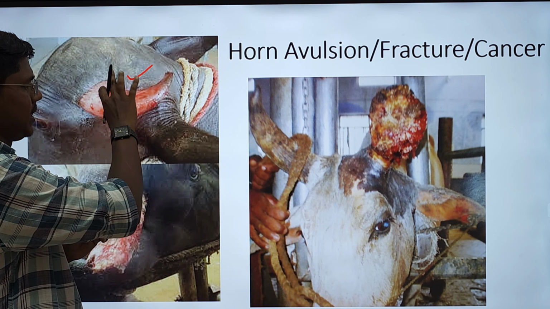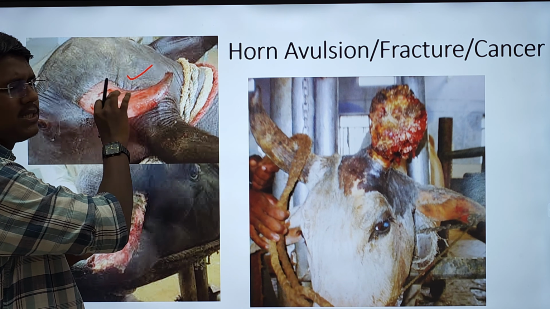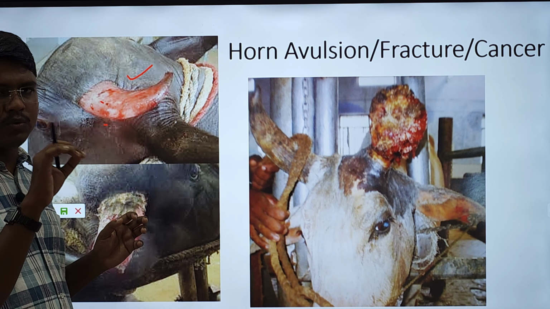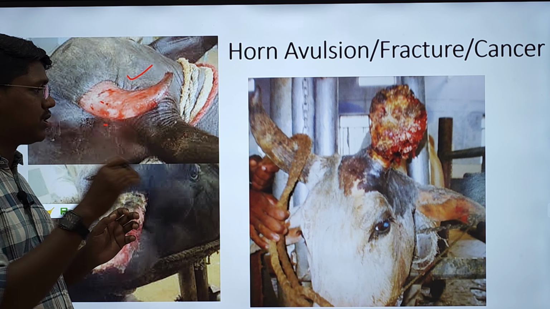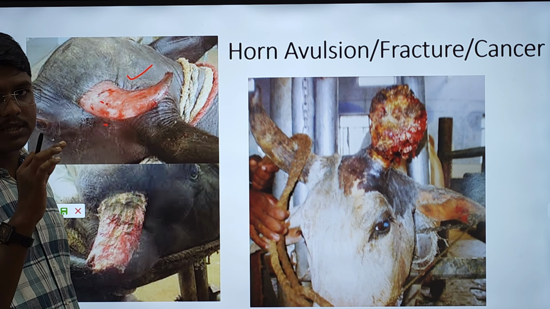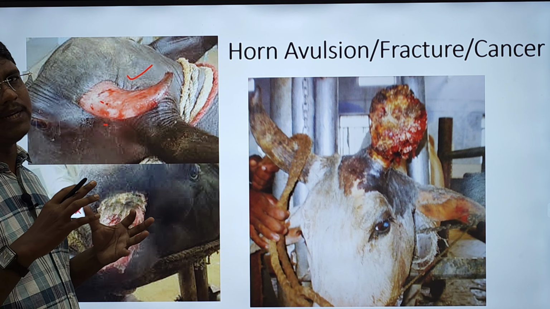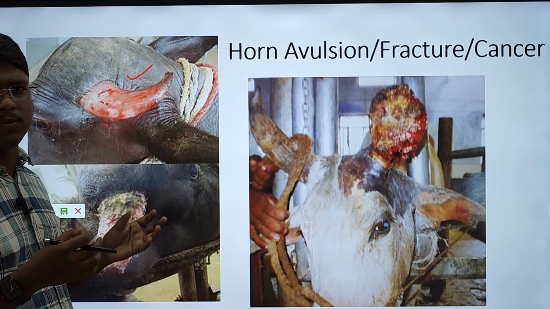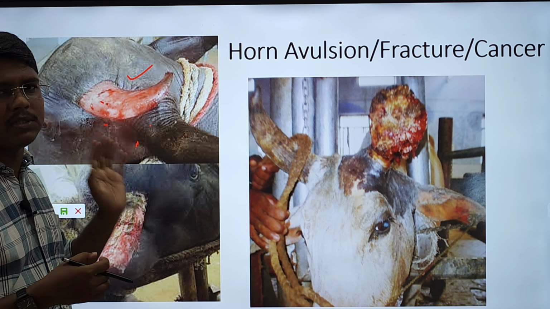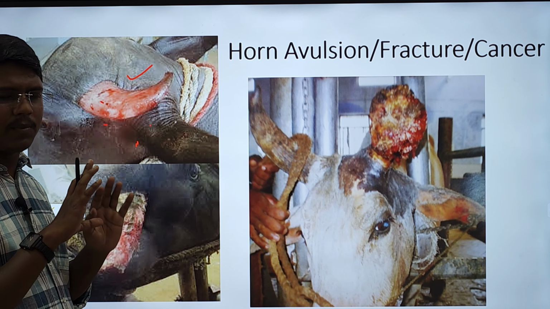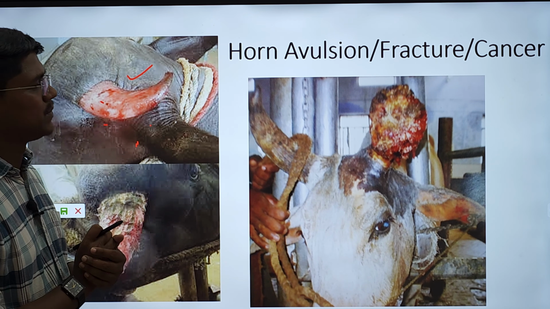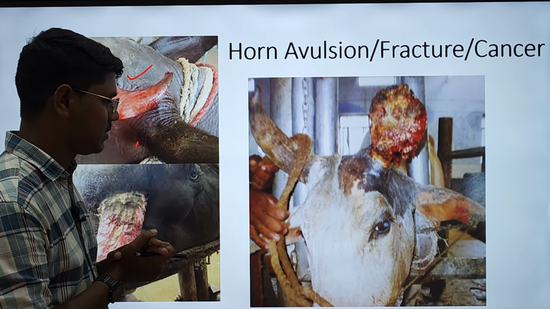Okay, the core is there. This is the core. So what will happen? These are very sensitive. So when you touch or do bandaging, or simply use the tincture iodine, which is a great irritant, then the animal will feel discomfort. You have a technique, coronal nerve block. Simply do a coronal nerve block, see the magic. You may not need more assistance. Okay. The importance of anesthesia is always there.